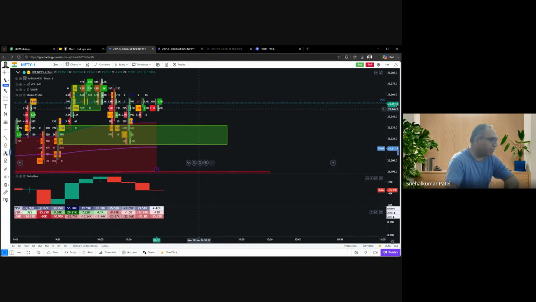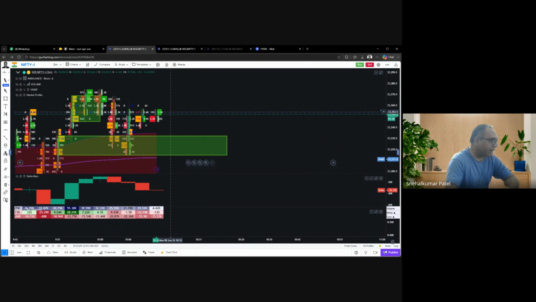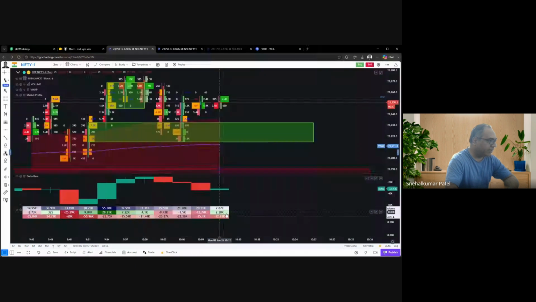We have to be very cautious if we take a buy trade above this level because the delta is negative. It can trap the new buyers here, and again the price can come to the downside. We have to be very careful if we take a call side trade here.